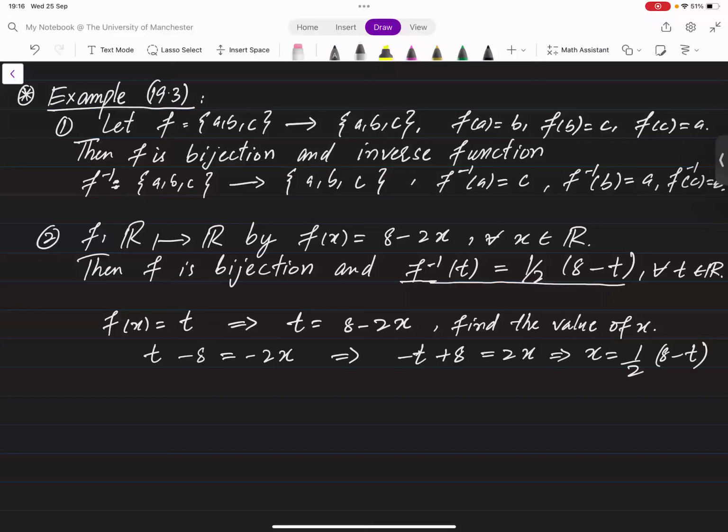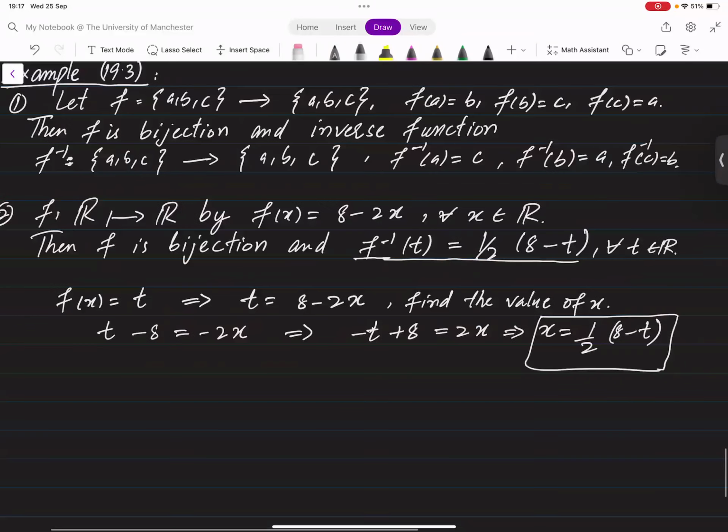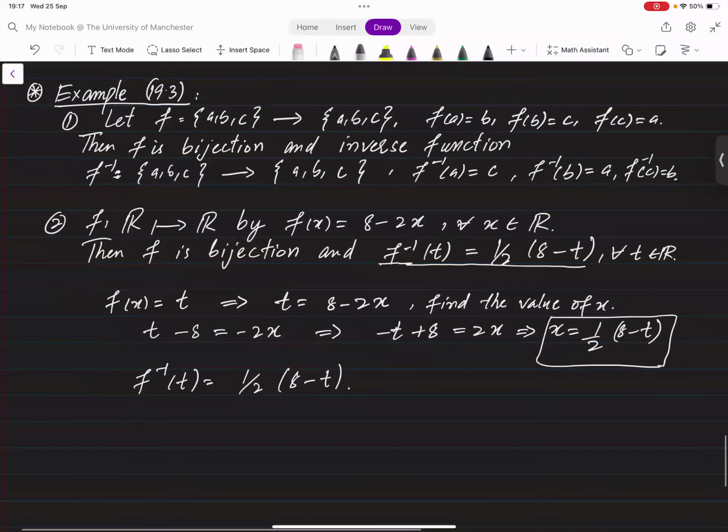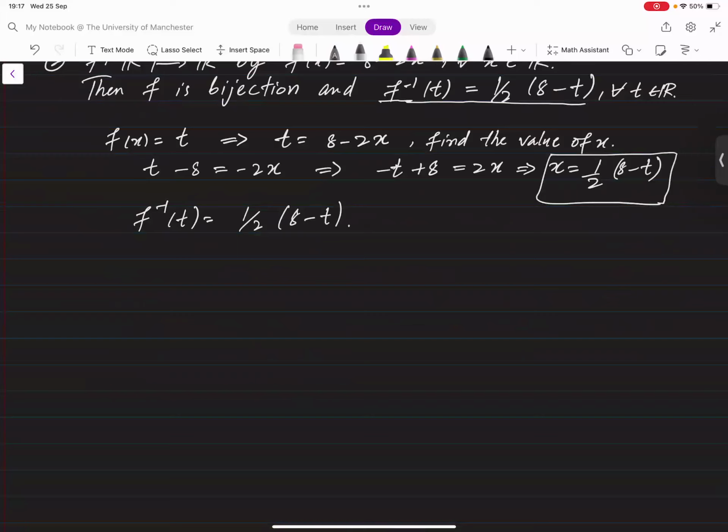Now just replace the values. So f inverse of t is nothing but 1/2 (8 minus t). Okay, that's how we find the inverse function. Okay, perfect.